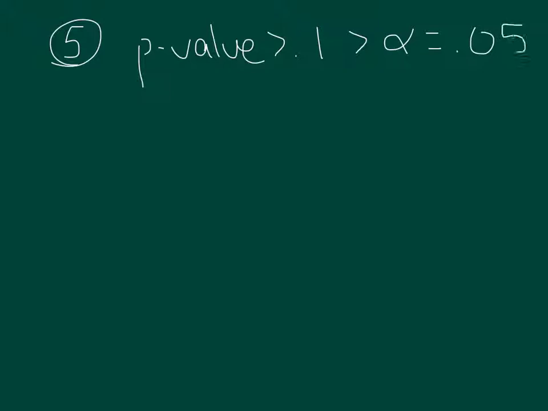So in step 5, we know the p-value, which is going to be greater than 0.1, is certainly going to be greater than alpha, which is 0.05 for this problem. So that would tell us that we fail to reject H naught.